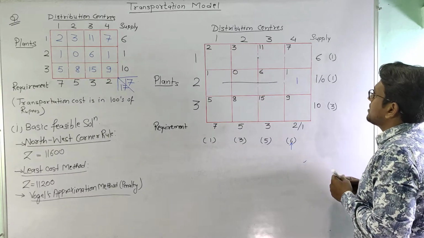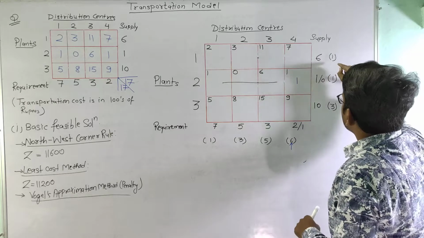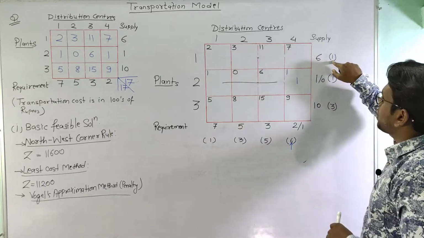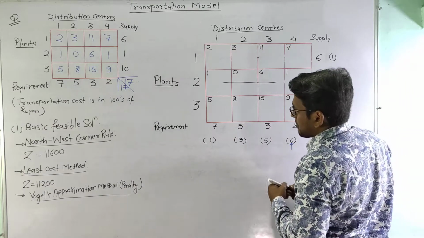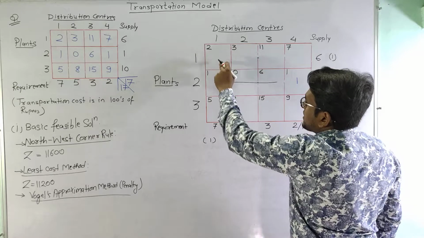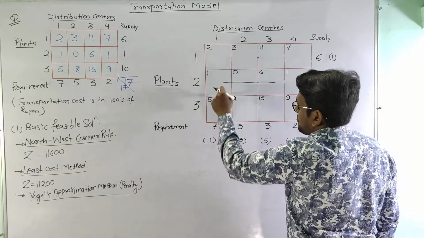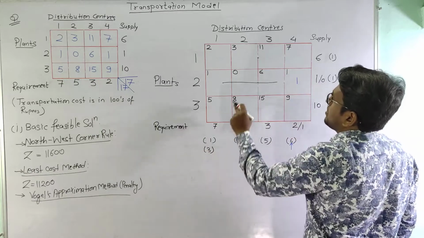As we can see, row 1 and row 3 do not change, so the penalties remain 1 and 3. In the columns, let us calculate the penalties. This is 2 and the second least is 5, 5 minus 2 is 3, so the penalty is 3.